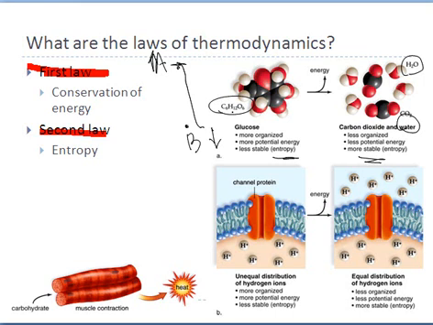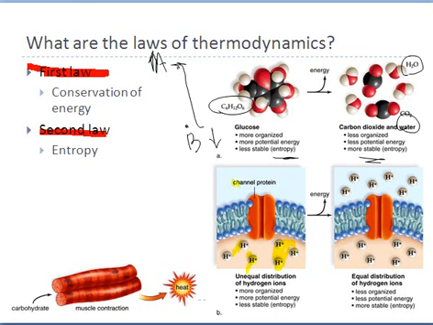Another example of entropy, which we will learn a little bit later, is the movement of hydrogen ions. Hydrogen ions are very important to cellular reactions, and there's an unequal distribution of these ions across the plasma membrane.